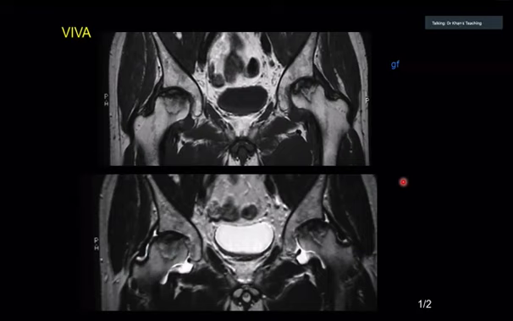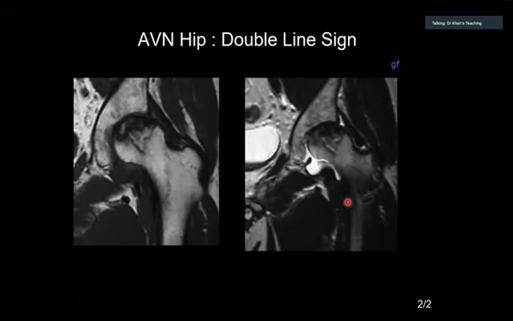Okay, so let's go back a few learning points as far as your description is concerned. So look at the marrow and you go into the details of the marrow, there is a sign here. Just concentrate on the left side, and there is a sign which we call double line sign.